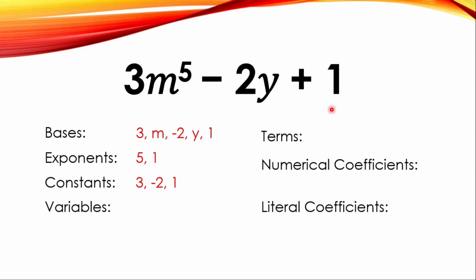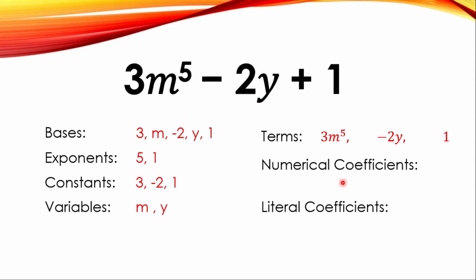Variables, ito yung mga letters. We have M and Y. Terms, when we say terms, they are separated by the plus and minus. So we have 3 terms here, 3m raised to 5, negative 2y, and 1.